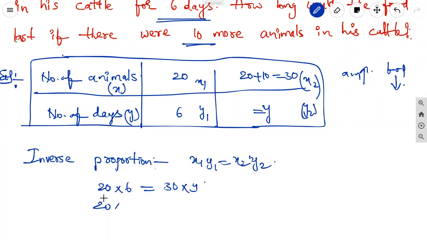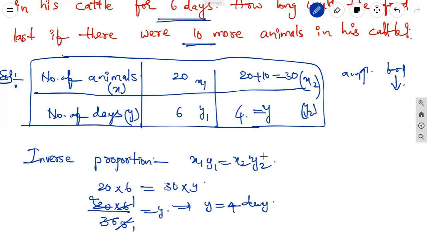From this, 20 into 6 by 30 equals y. 6 ones are 6, fives are 30, 5 ones are 5, fours are 4. So it lasts 4 days. If there are more animals, it lasts 4 days. That is the answer.